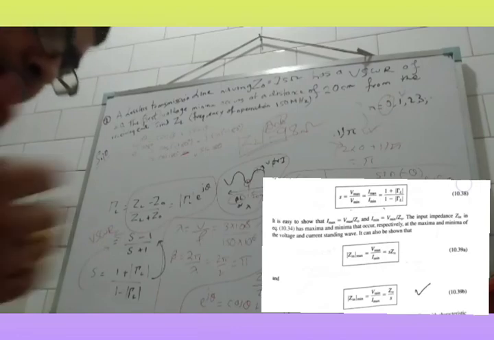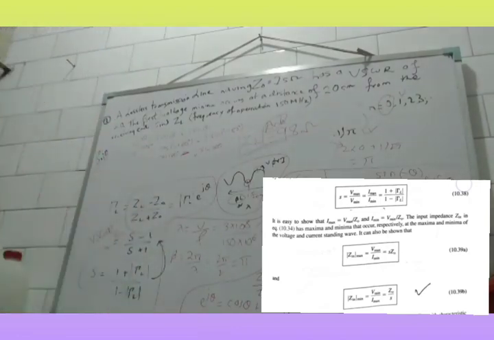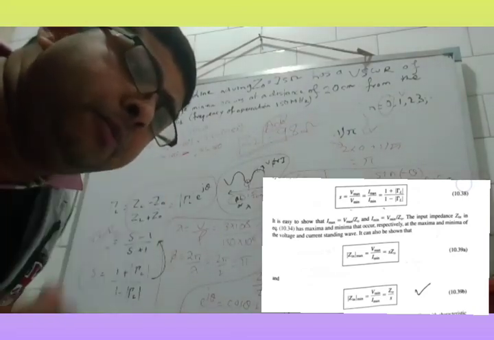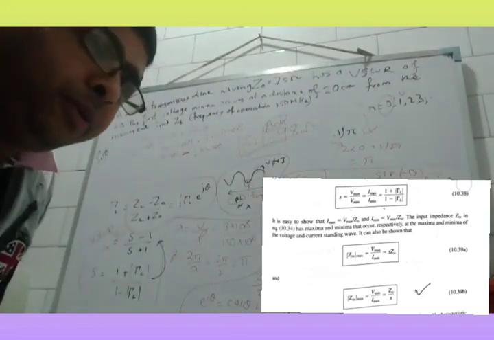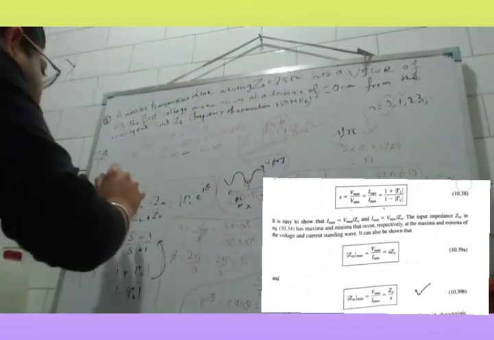So remember what the voltage minimum is. Another thing to remember: input impedance maxima and input impedance minima, that is the maximum value of input impedance and minimum value of input impedance. The formula is very simple.